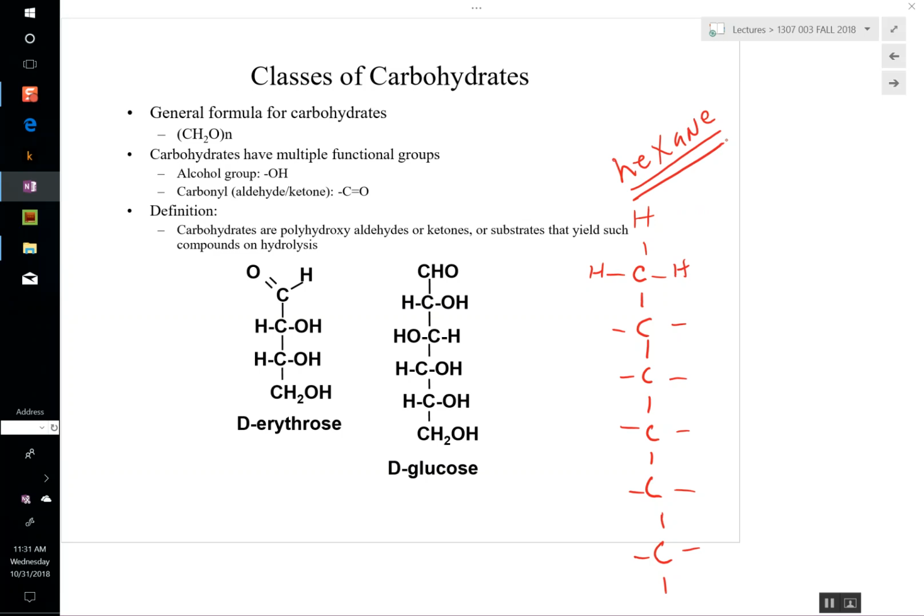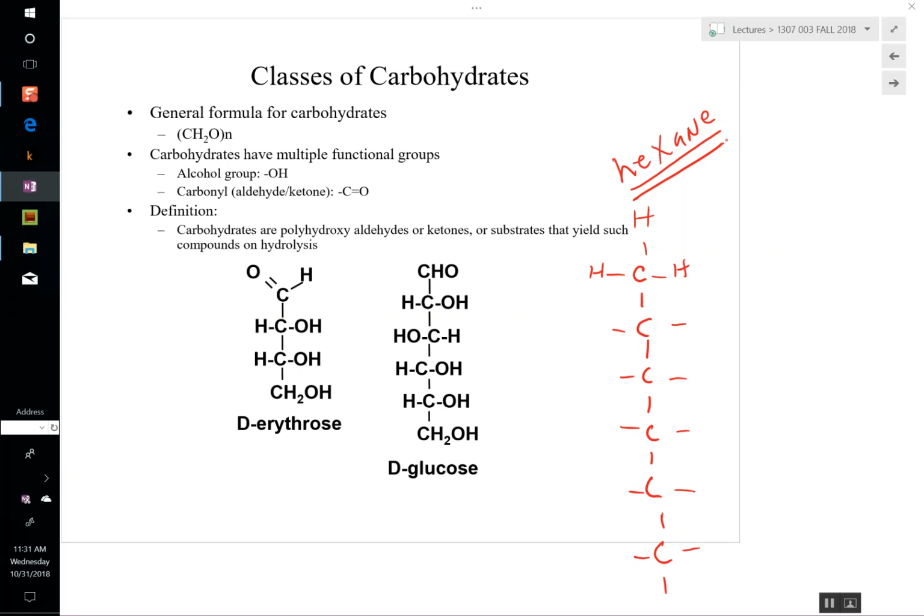But when we start talking about saccharides, there'll be one exception to this, but generally you have an OH group on all but one of the carbons, and then you have a carbonyl on the last carbon. It's not always at the top. So you have a carbonyl and then OHs on everything. What do OHs do to a molecule? This is nonpolar. What do OHs do to a molecule? Makes it polar. At every site along there, you have an OH.